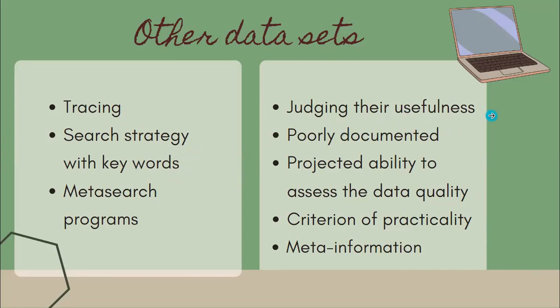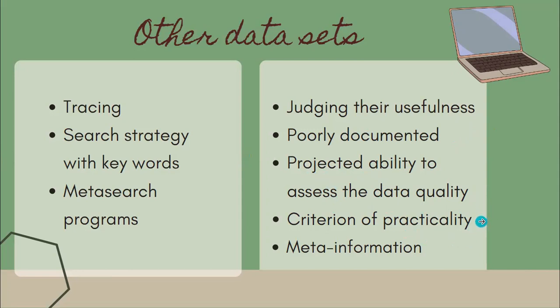Then we have that you have to judge the usefulness of what you find, which is quite difficult because some of them are poorly documented as they are not in an official archival data set. And you need to have a projective ability to assess the data quality, which is not easy, especially for us novice researchers, but it's not impossible. Then we need the criterion of practicality.